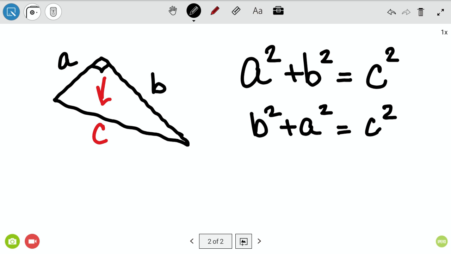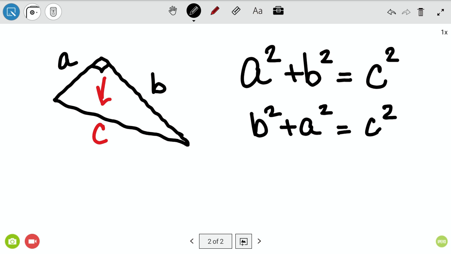If you're given C and B or C and A, I like you to still plug it in, A squared plus B squared equals C squared, and then just do basic algebra to solve for whatever's missing. So yes, it works that way, but sometimes trying to memorize all the different variations is trickier than just remembering A squared, B squared, C squared, and then doing your algebra like you know how to solve for it.